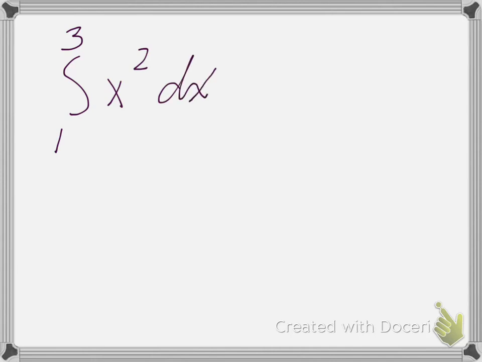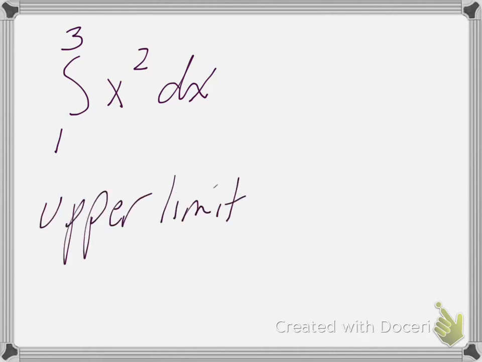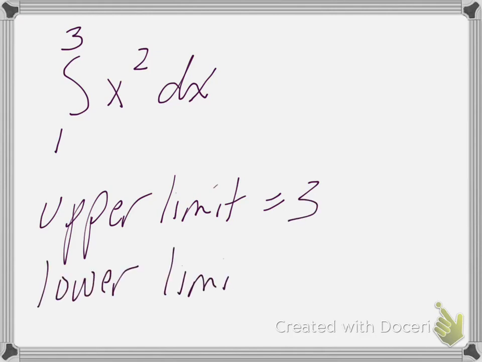Okay, now we've done this before, but we've never had those values of 1 and 3. And so 1 and 3 are called lower and upper limits. So we would say that the upper limit equals 3, and the lower limit equals 1.